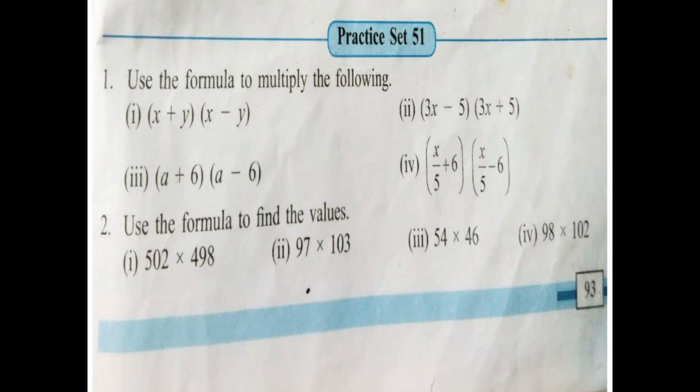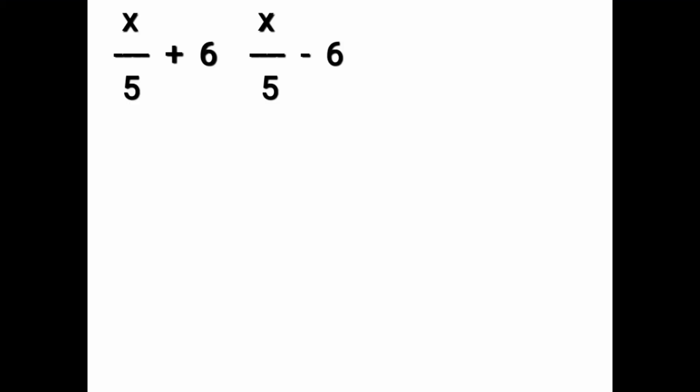Next, (x/5 + 6)(x/5 - 6). (a + b)(a - b) is equal to a² - b².